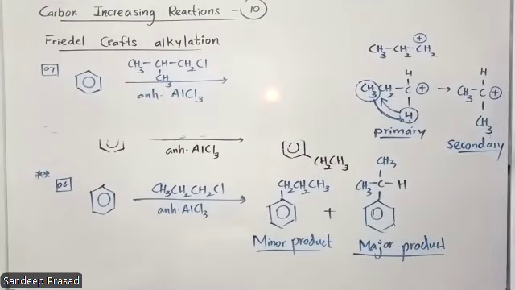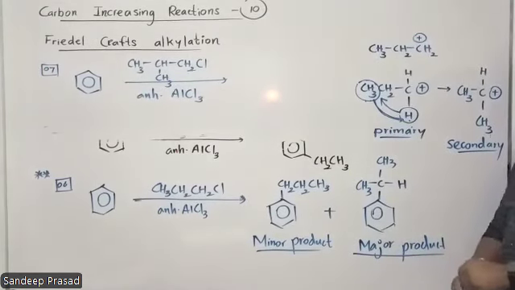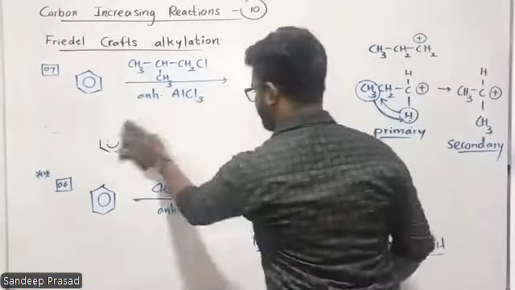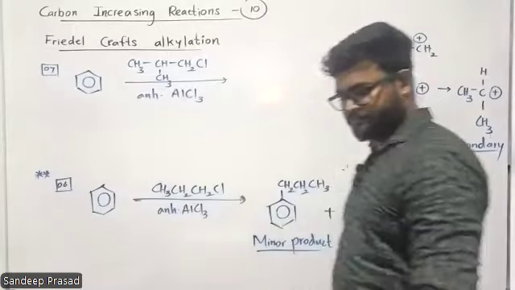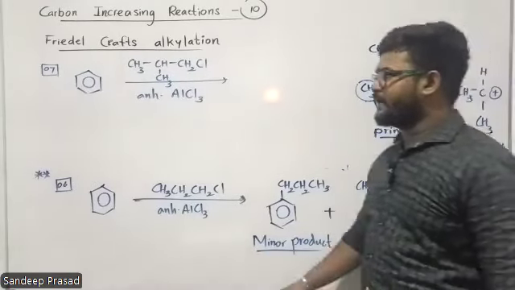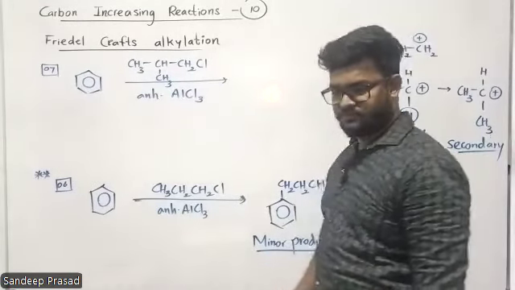Then what should be the product of this reaction? So here also we have both a major product and a minor product. How can we go for the answer in this kind of way?